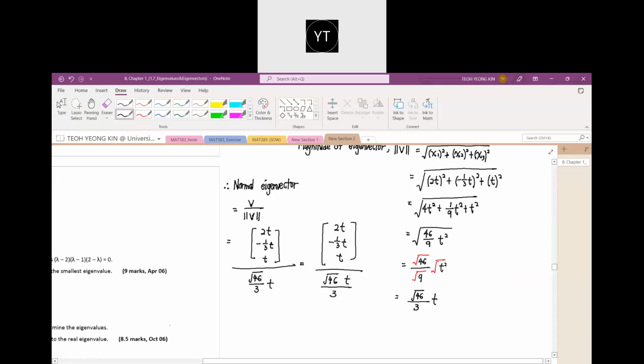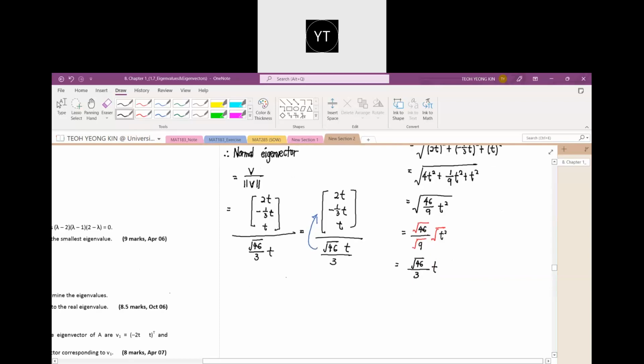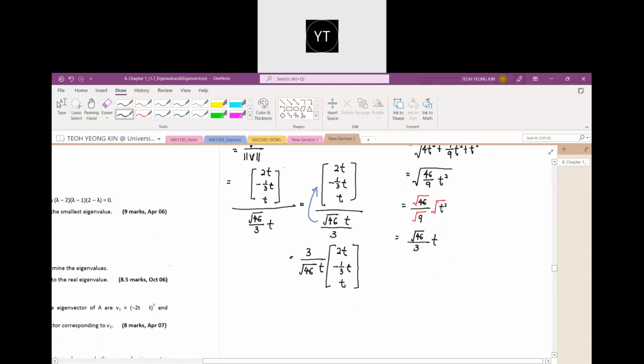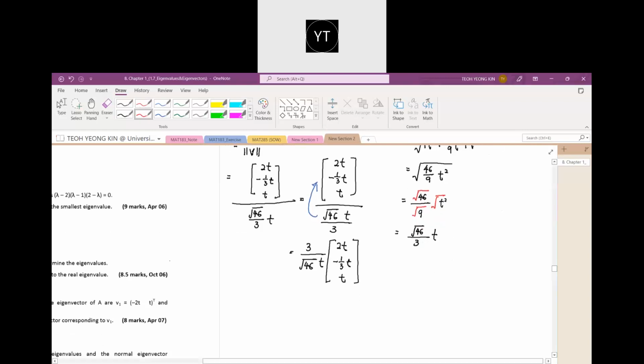Bila kita darab naik atas. And then if I move to the numerator, bila kita pindah ke atas, dia akan jadi 3 over square root of 46t times, dia bukan dalam square root ni, dia kat tepi ni, 2t, negative 1 over 3t and t. So this t we can simplify.